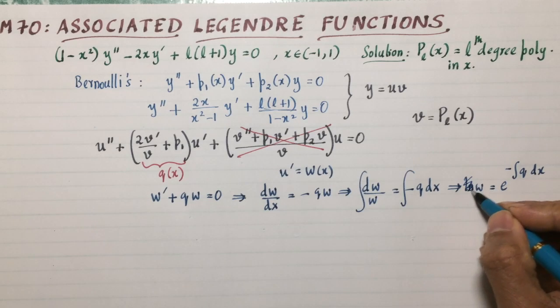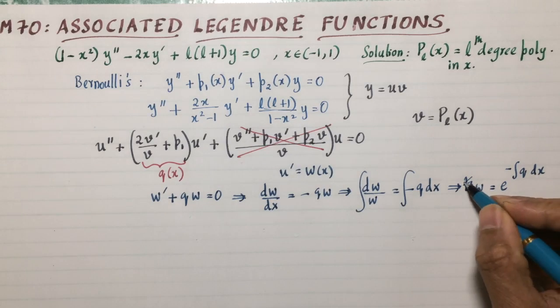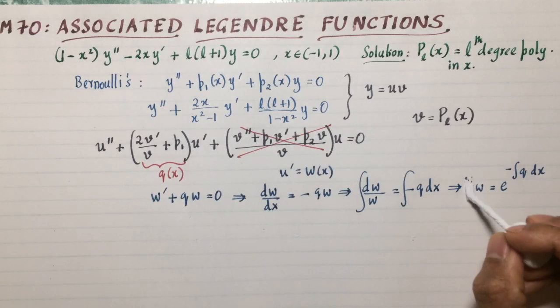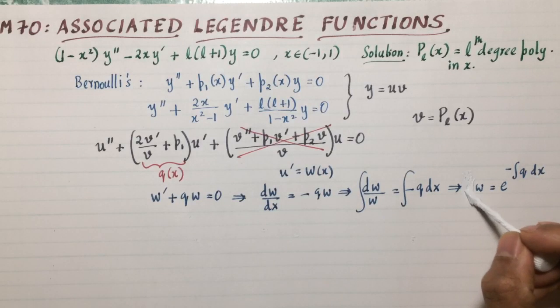Sorry, that's natural log of w, and then w will be exponential. So I did too many steps at once. And there's a constant which I'm not going to truly worry about at this stage. I'll include it at the end. So that's going to be our w.